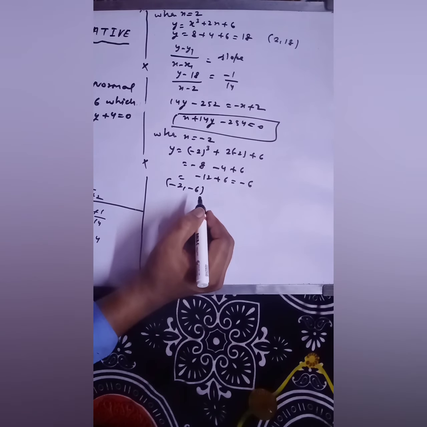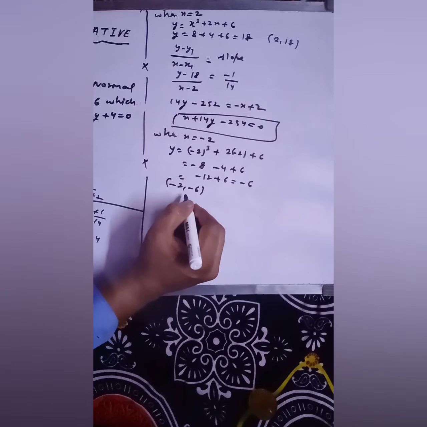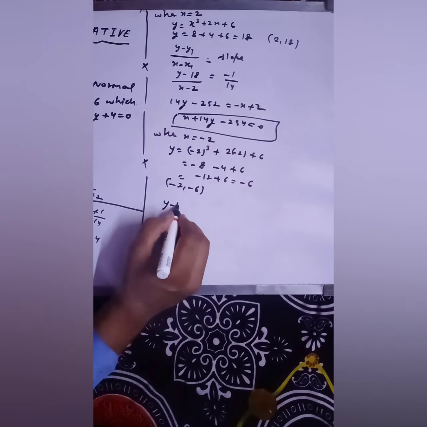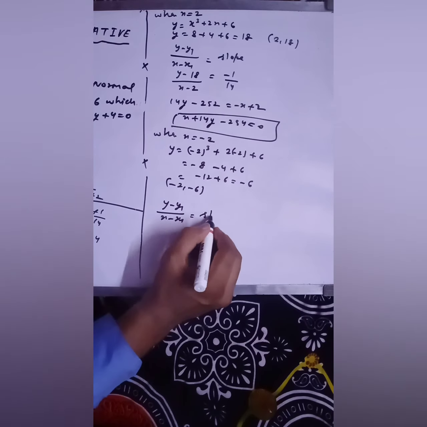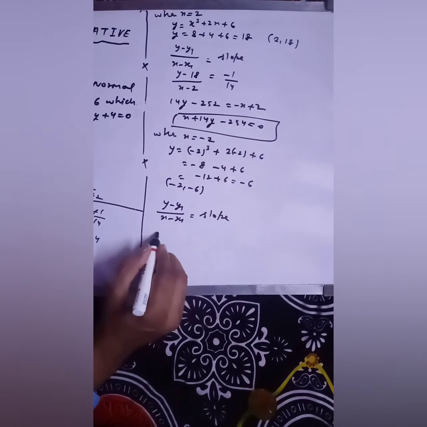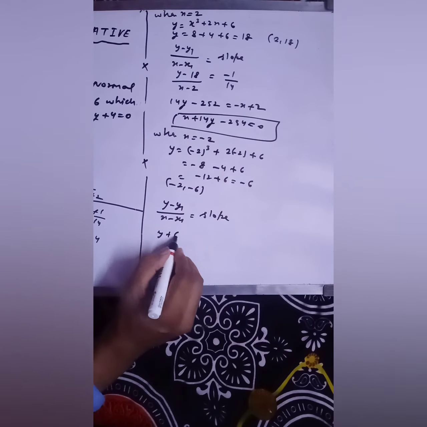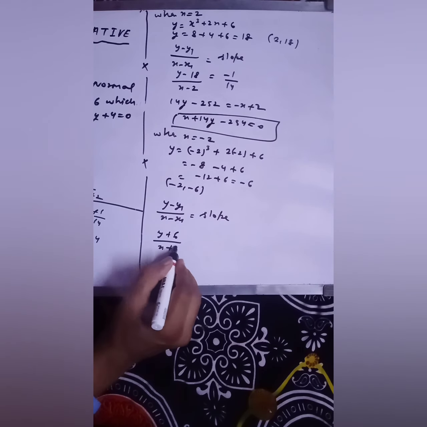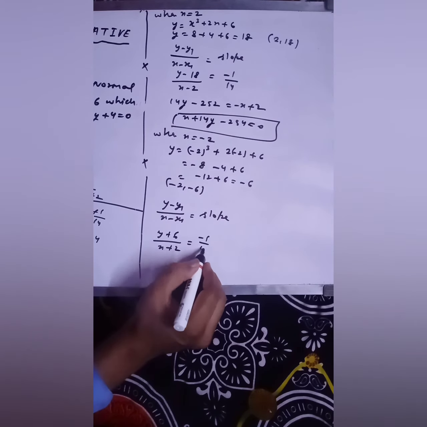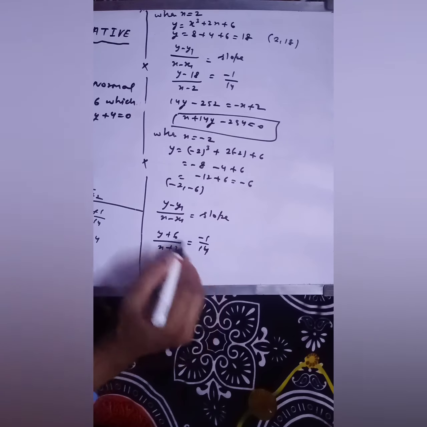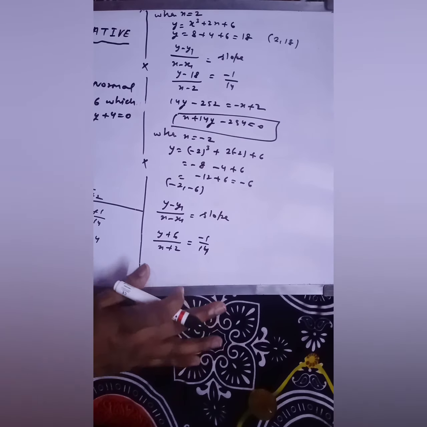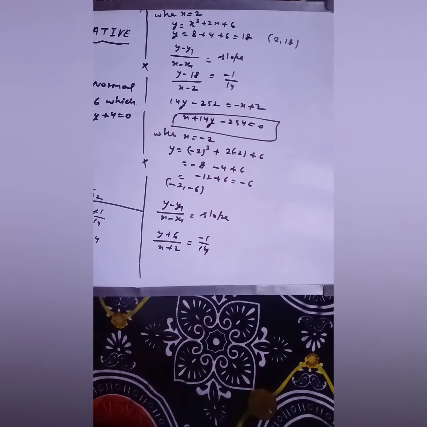Again you have to write the general equation: y minus y1, slope is minus 1 upon 14, and just cross multiply and simplify. On simplification you will get the final answer. So these are the two equations which you will get.